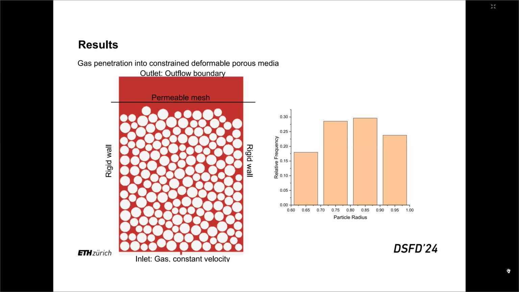There is a permeable mesh, which means the fluid can flow through this mesh freely, but the particles will be blocked. And the particle radius is set to be even.